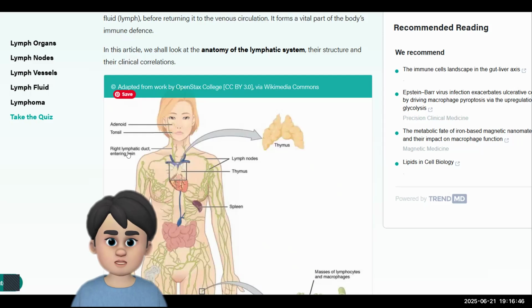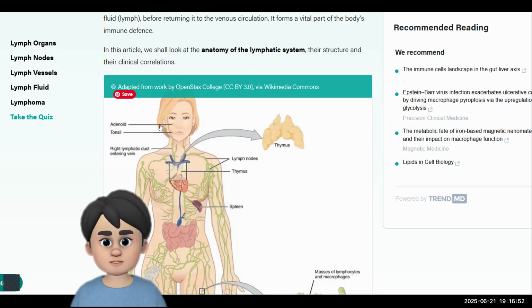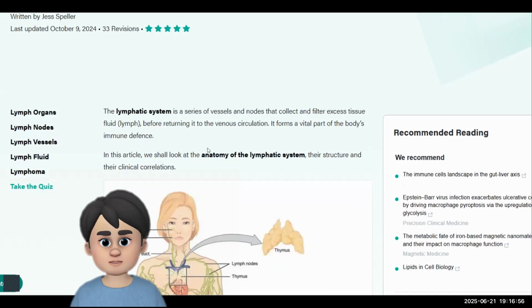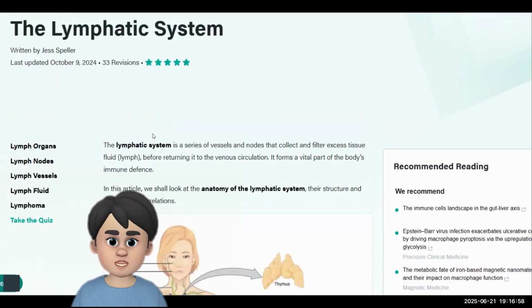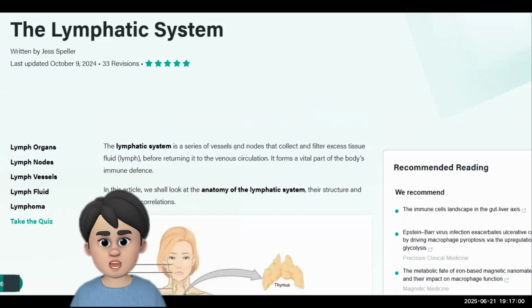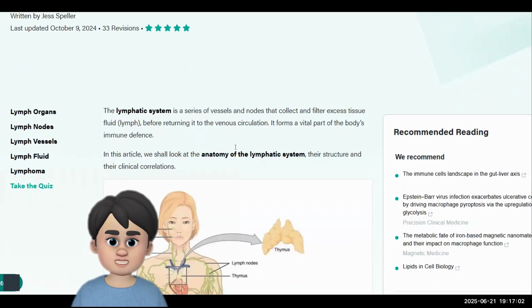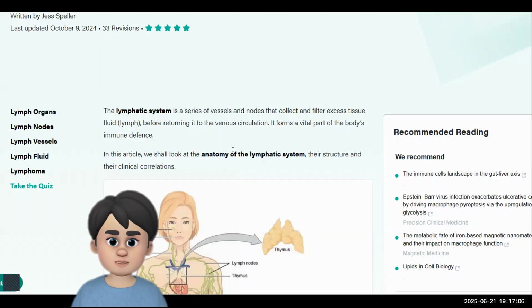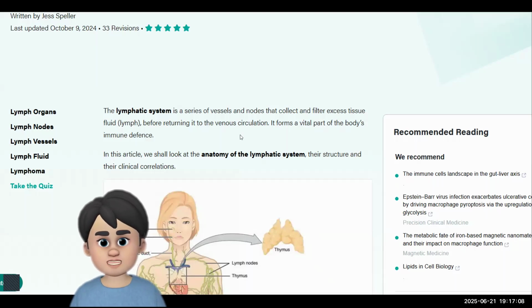You can see the right lymphatic duct and another one on the left side as well, right? So the lymphatic system is a series of vessels and nodes that collect and filter excess tissue fluid, lymph, before returning it to the venous circulation.